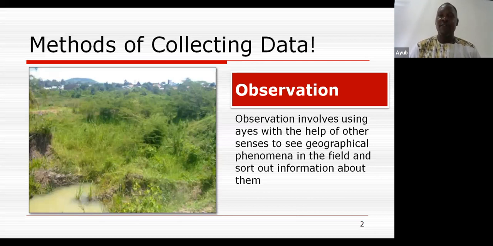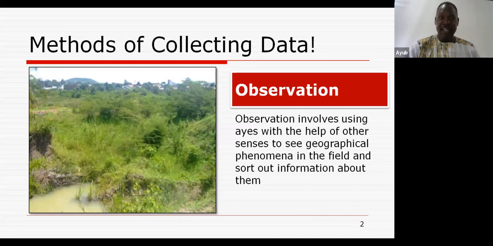The geographical features are both man-made or human features, or built features, and the natural features. Using the eyes to see.